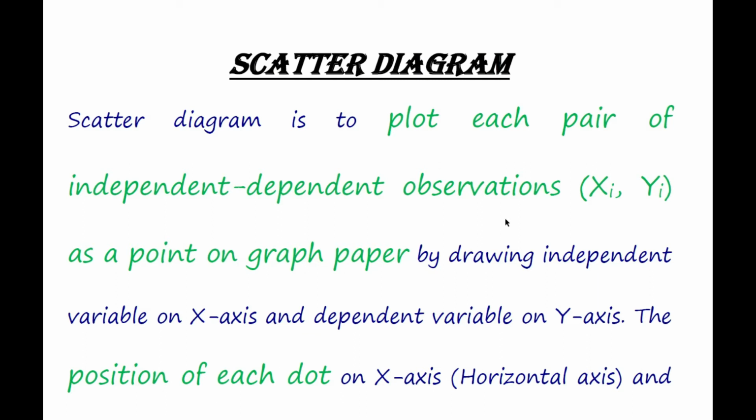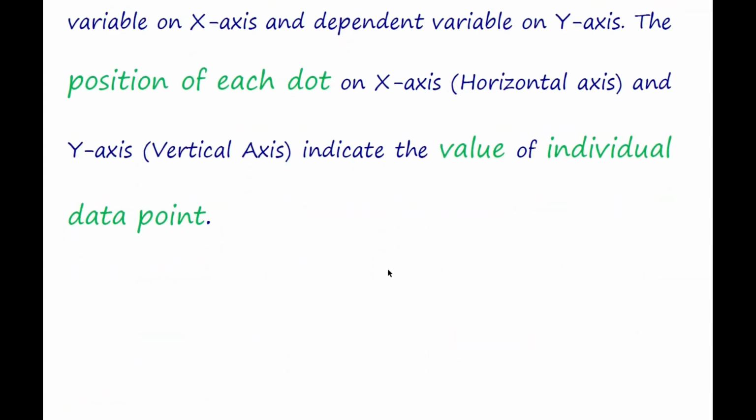We draw the independent variable on the x-axis and the dependent variable on the y-axis. The position of each dot on the x-axis, the horizontal axis, and the y-axis, the vertical axis, indicates the value of the individual data point.